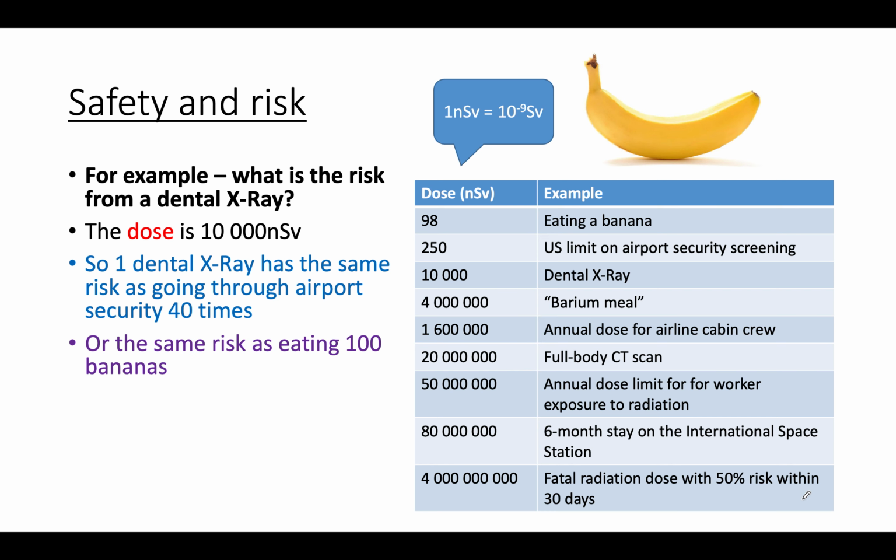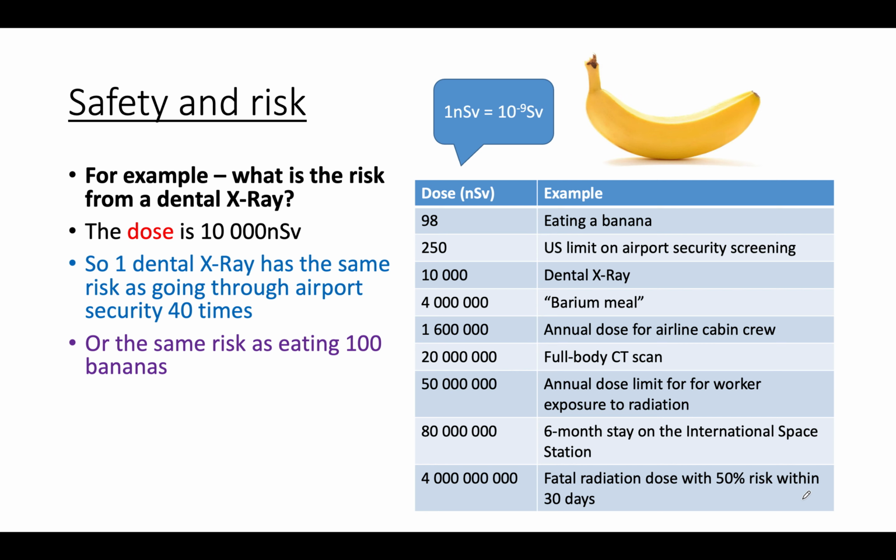If you ate 100 bananas, that's the same risk as having one dental X-ray. Well, 100 bananas is quite a lot to eat, isn't it? But it doesn't seem a particularly risky thing to do, so that perhaps puts the risk in context and might reassure someone who was a bit worried about the risk from a dental X-ray.